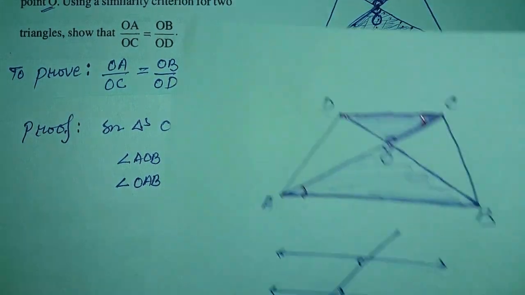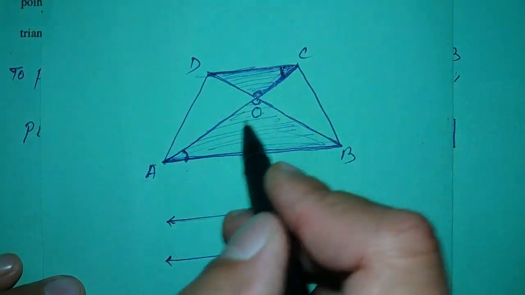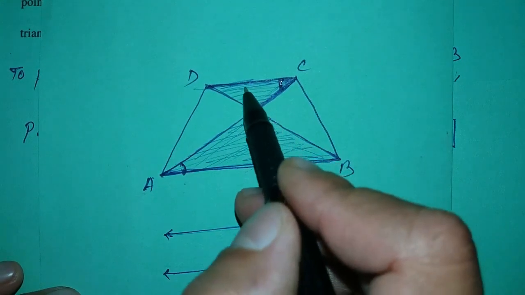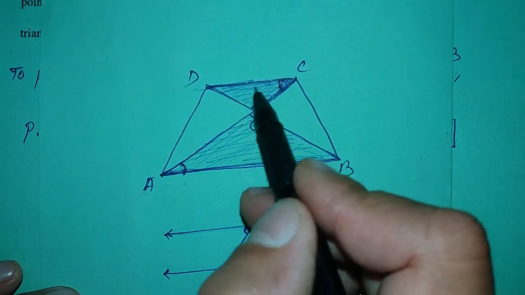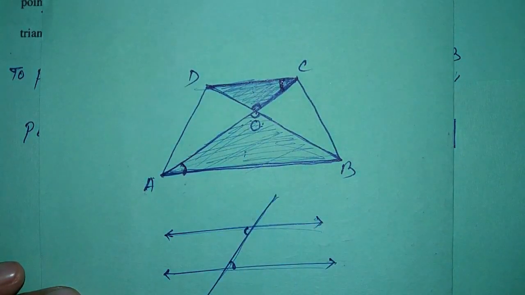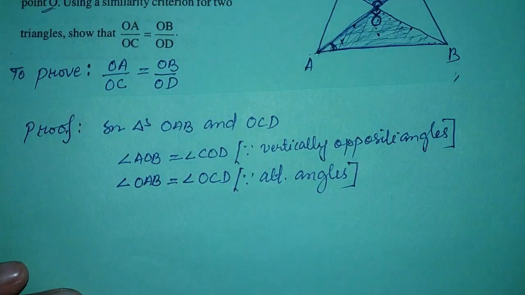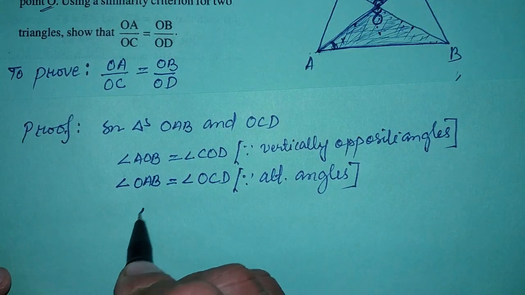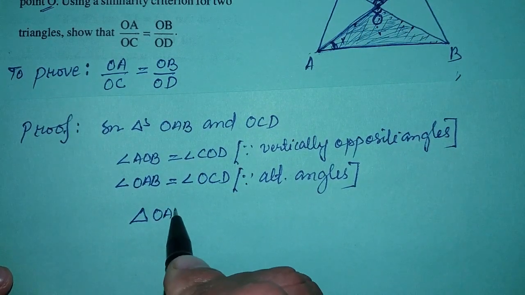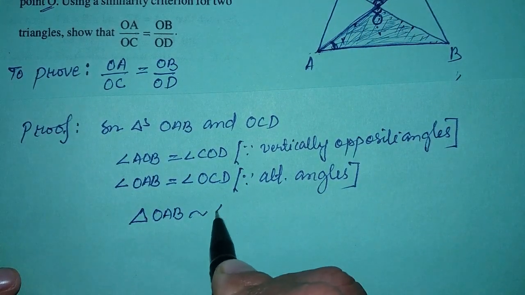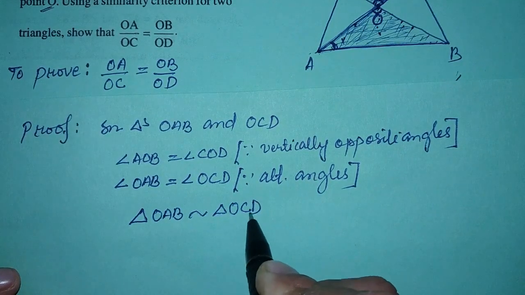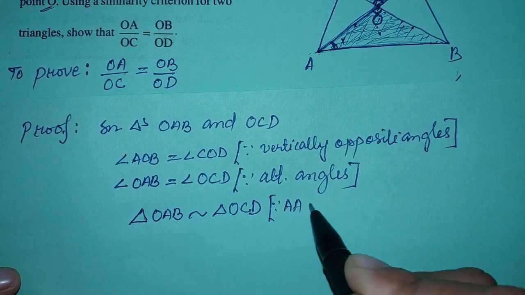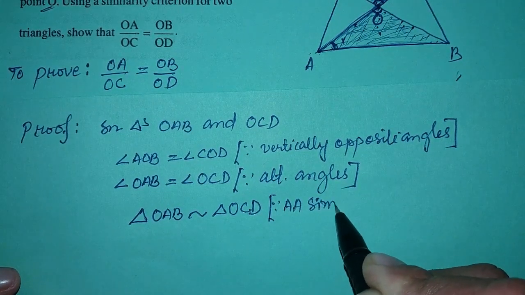Now what we have here is, in these two triangles, two angles of one triangle are equal to two angles of the other triangle. So since two angles each are equal, according to AA similarity, angle similarity, these two triangles are similar. So triangle OAB is similar to triangle OCD. This is by AA similarity.